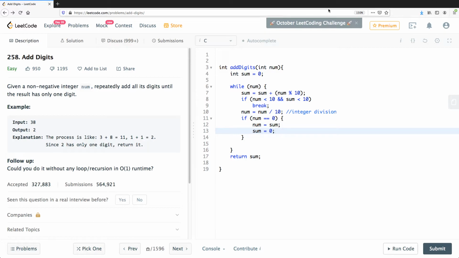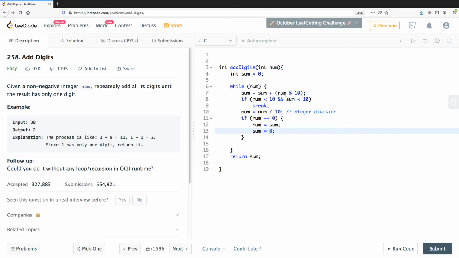So now you take the example of 38. We say while num is 38, sum is 8 first time here in line 7. If num less than 10, no, num is actually 38 and sum is 8. So we don't break out. So now num is 3 because 8 is already taken care of. Now is num equal to 0? No. So we go back.